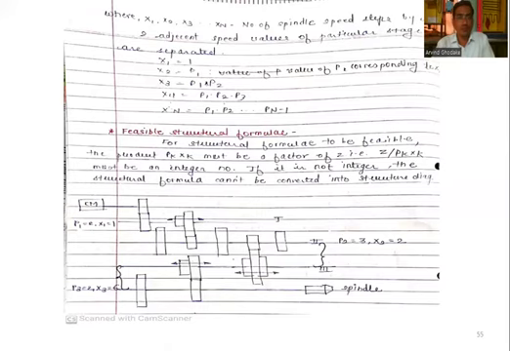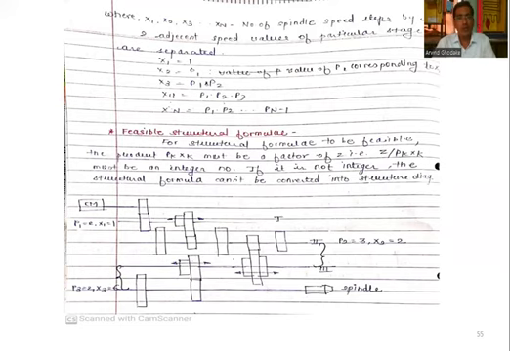Here x1, x2, x3, ... xn are the number of spindle speed steps by which two adjacent speed values of a particular stage are separated. Here x1 is equal to 1, x2 is equal to p1, x3 is equal to p1 times p2, x4 is equal to p1 times p2 times p3, and xn is equal to p1 times p2 up to pn minus 1.